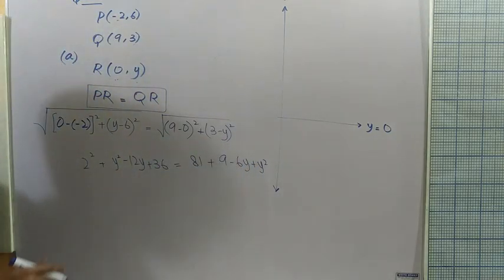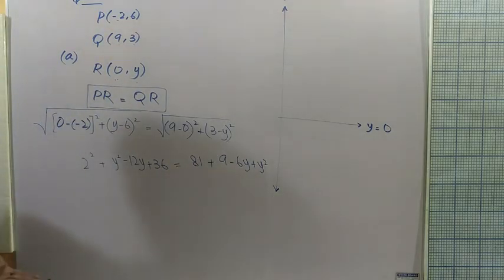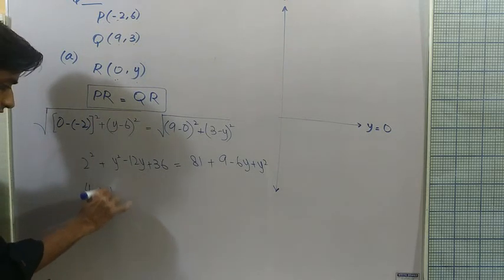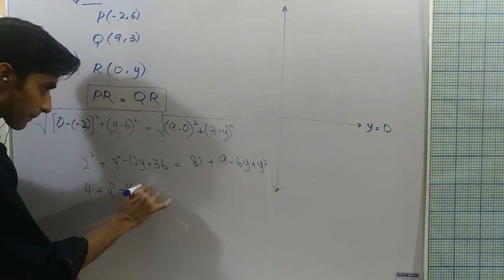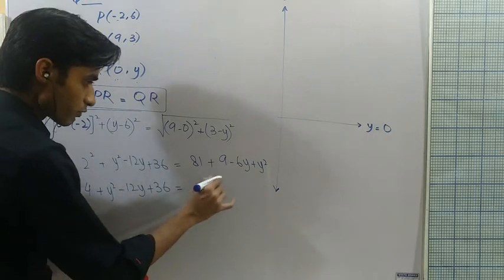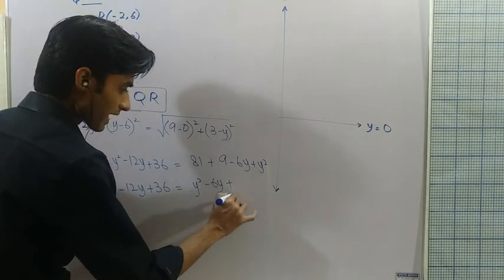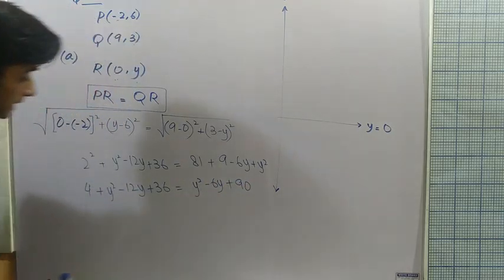Those roots that were there, I have got rid of them by squaring on both the sides. I hope you are listening. 2 squared becomes 4 plus y squared minus 12y plus 36 is equal to, let me rearrange this, y squared minus 6y, 81 plus 9 becomes 90.